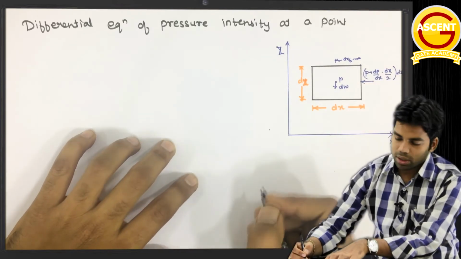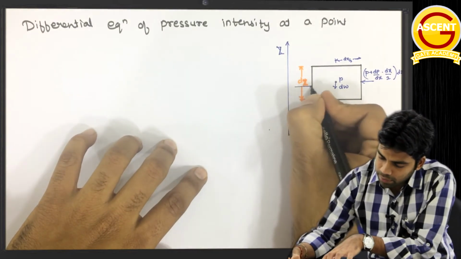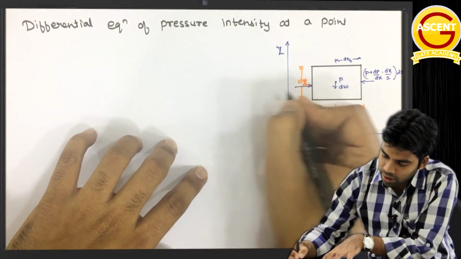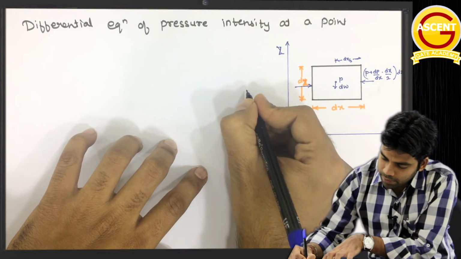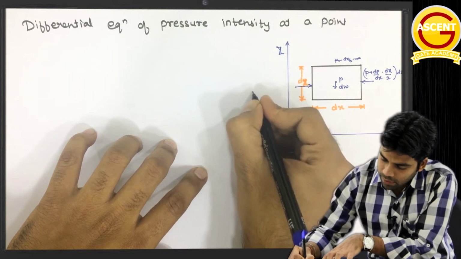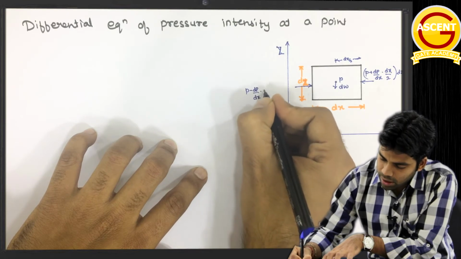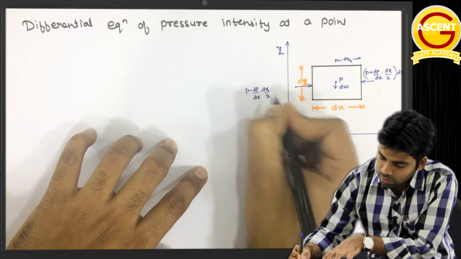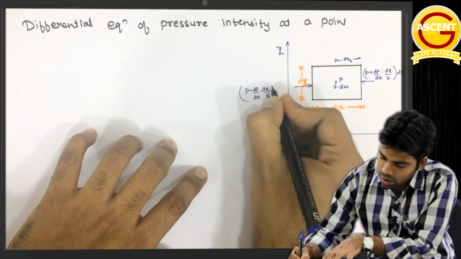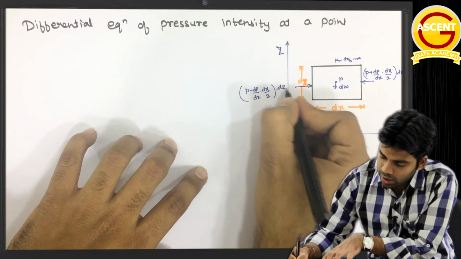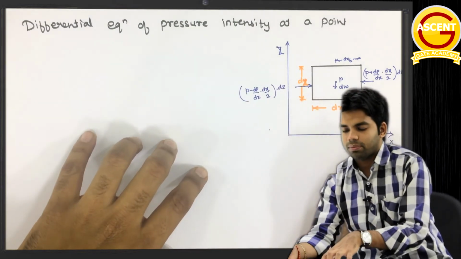Getting this or not? Okay, similarly at this point the pressure acting will be P minus dp by dx into dx by 2, here there will be less pressure, into dz into unit distance 1. Getting this?